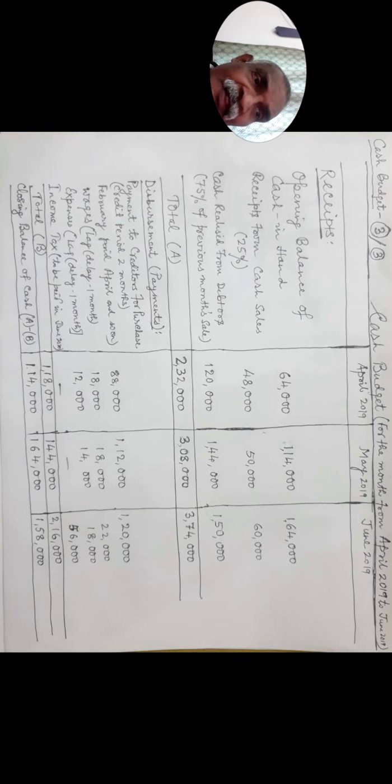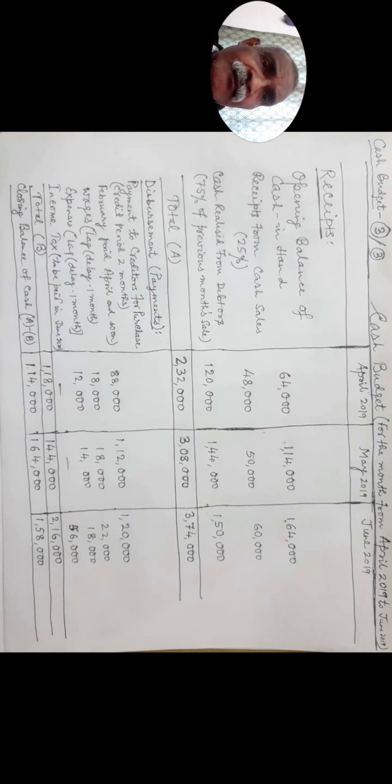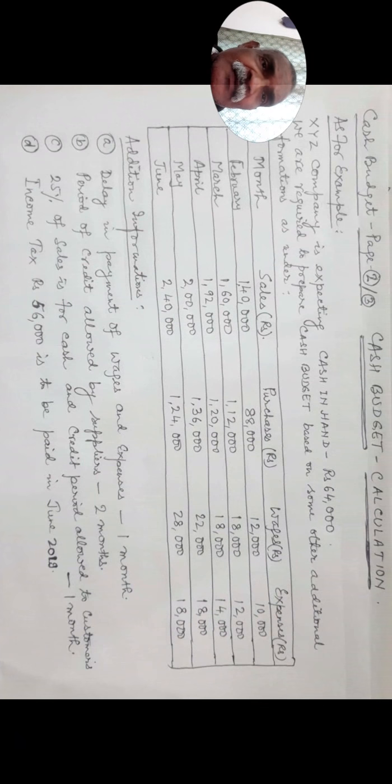So how much is that? Now you see, not 75%. This is total 2 months delayed. So April purchase is how much?